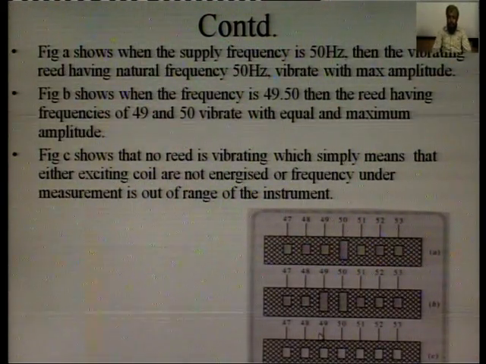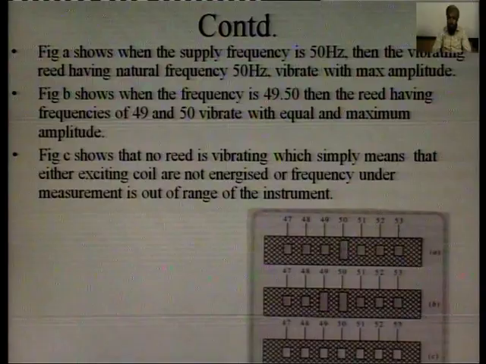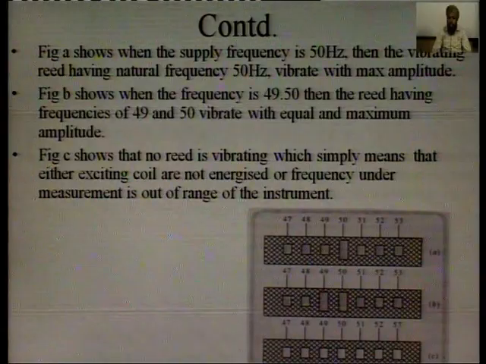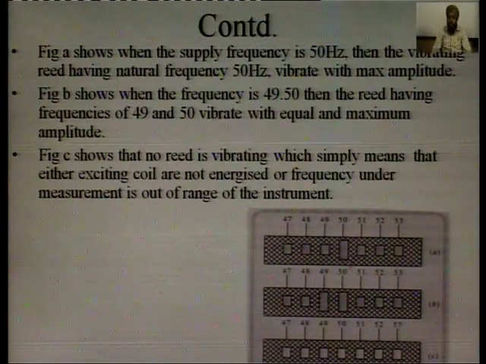Figure A shows that when the supply frequency is 50 Hz, the vibrating reed having natural frequency 50 Hz vibrates with the maximum amplitude, and all the other reeds will not vibrate.